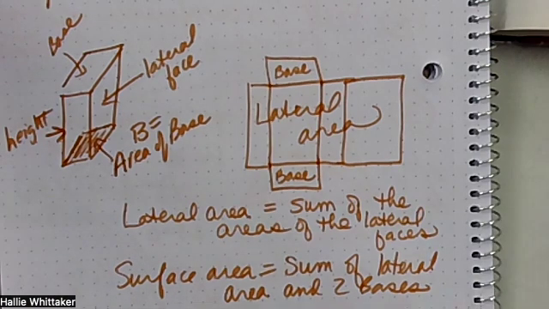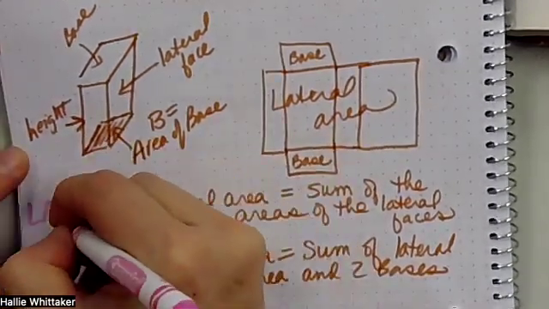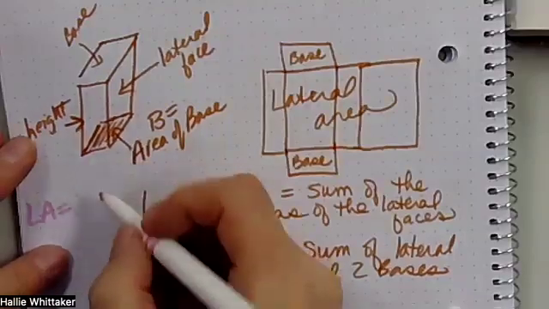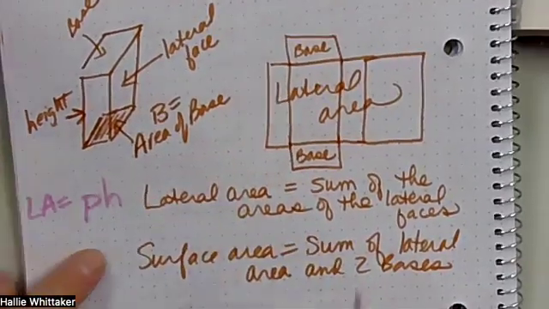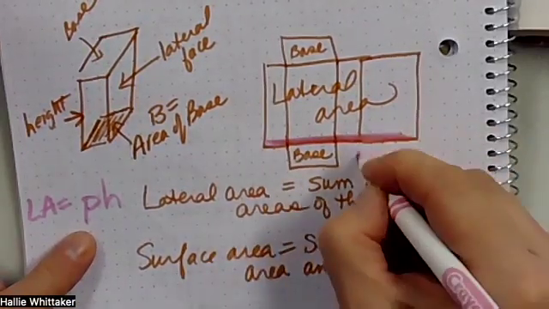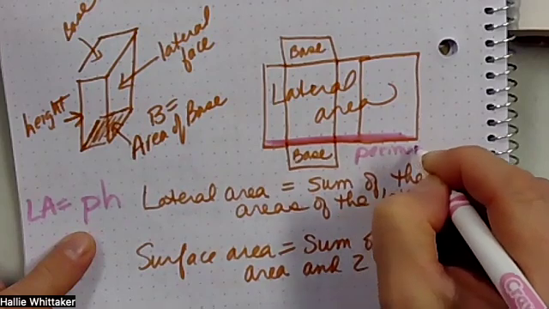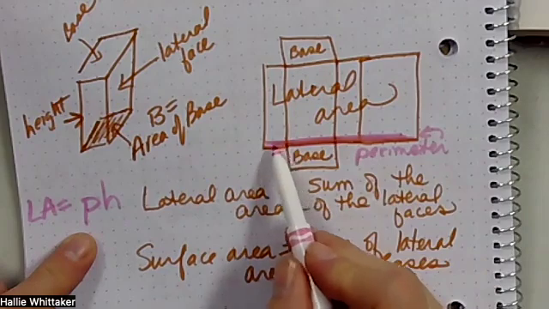To get the lateral area, and we're going to break this up a lot today, the lateral area is going to be the perimeter times the height. So this is the perimeter. It's all of this.